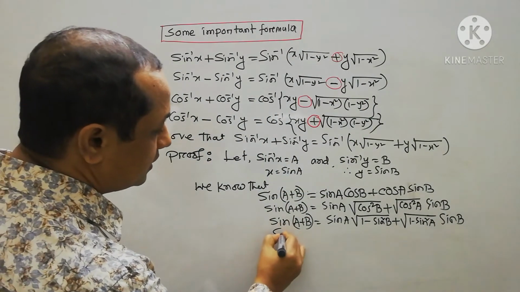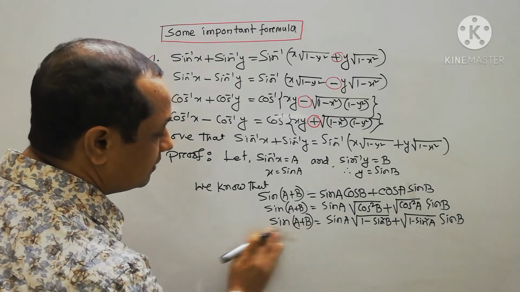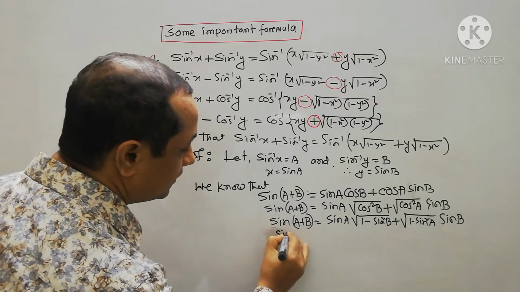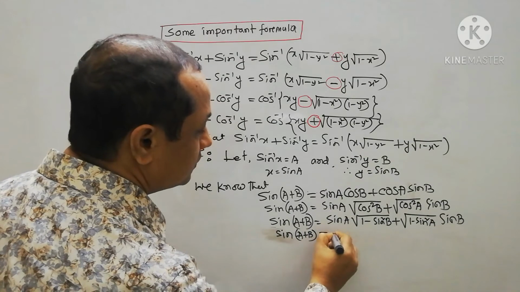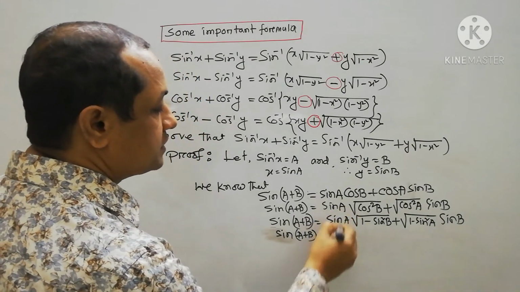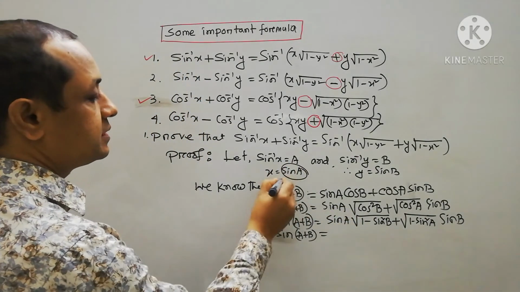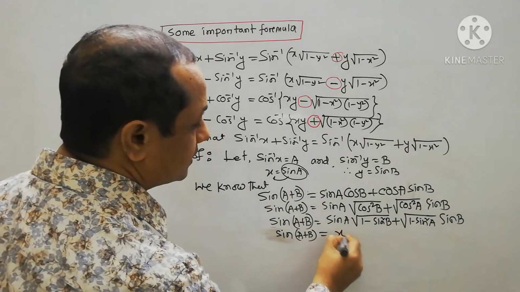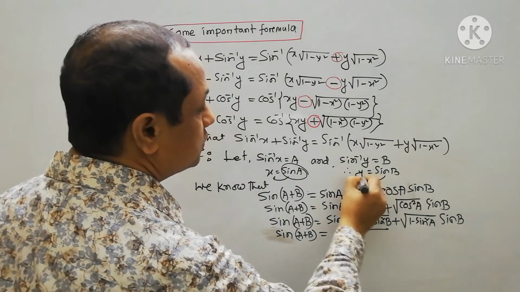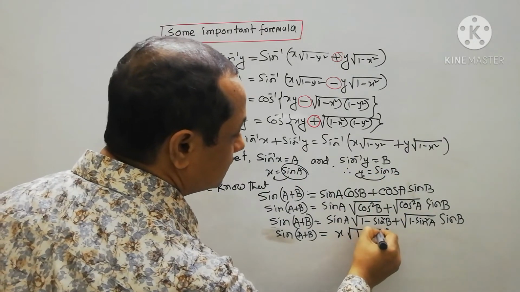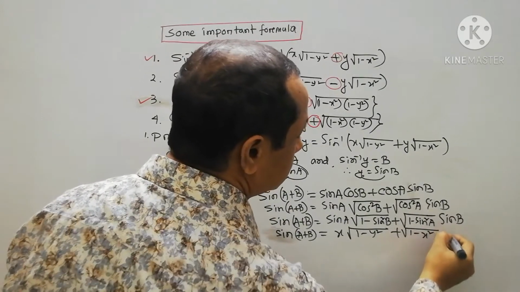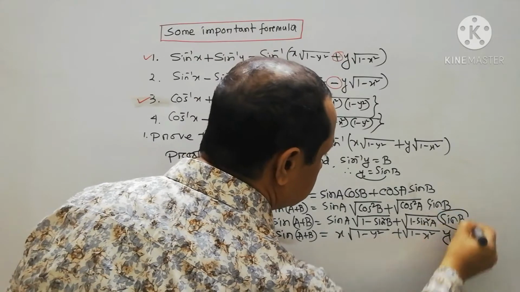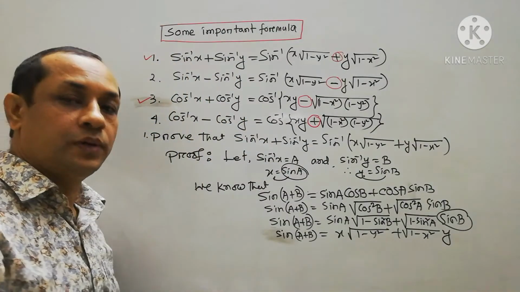Now putting the values sin a equals x and sin b equals y, we get root over 1 minus y square, and root over 1 minus x square into y. Here sin b equals y.